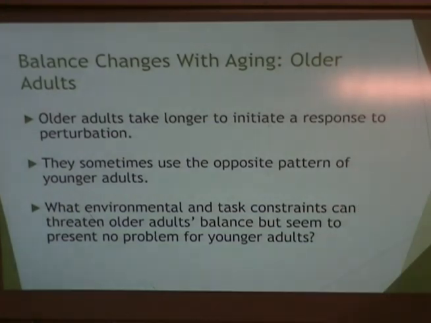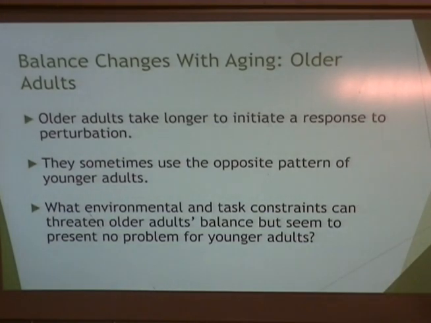So again, think about the triangle. What kind of environmental constraint would put an older adult at risk of toppling but would not present a problem to you? What can you think of?